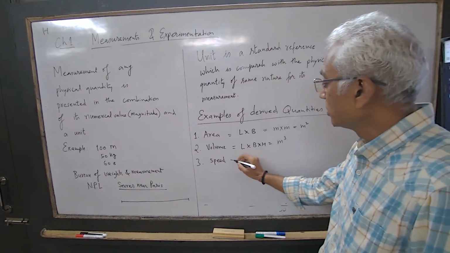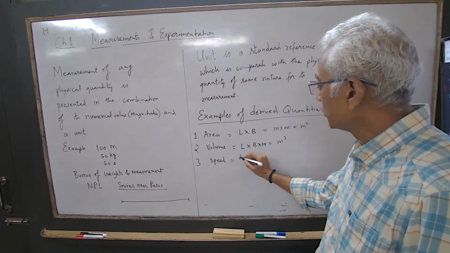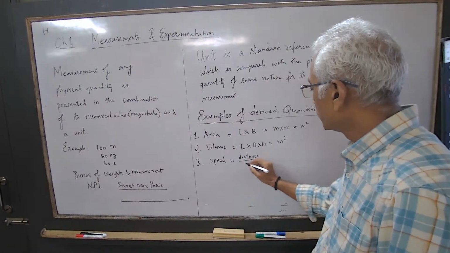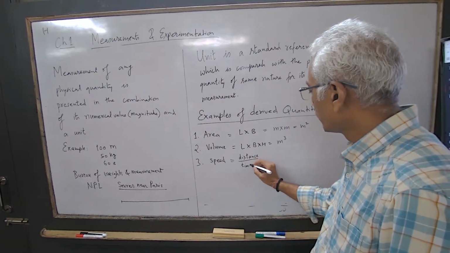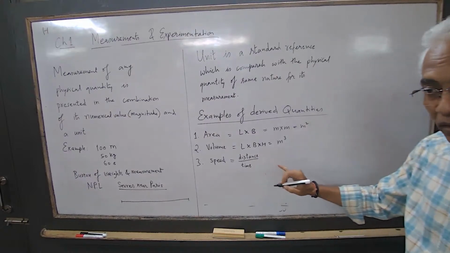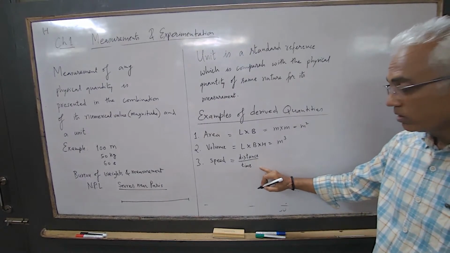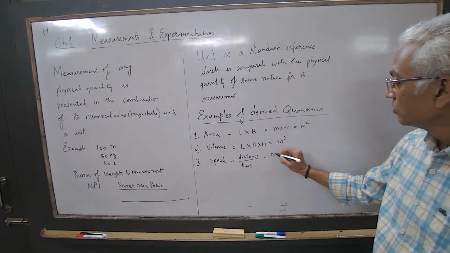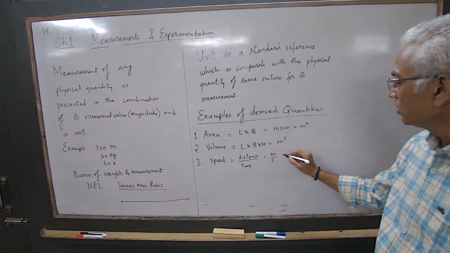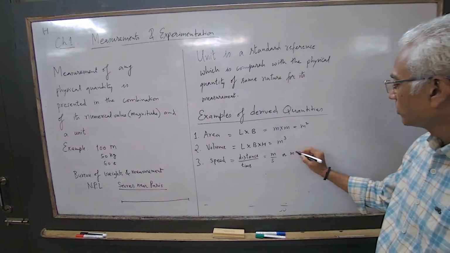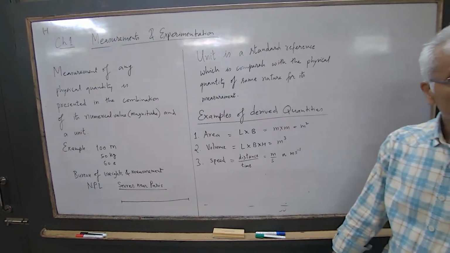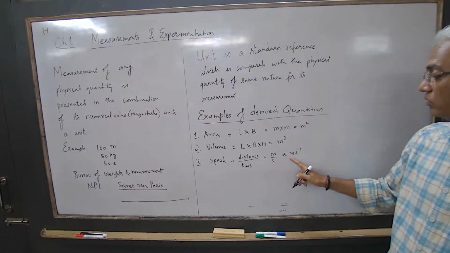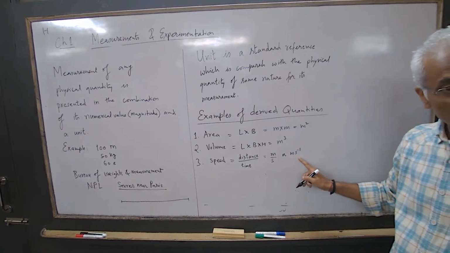Speed is distance upon time. Distance is length. Time is also a fundamental quantity. Both are fundamental quantities. So what is the unit? Meter per second. So speed is a derived quantity because it depends on the unit of length and the unit of time.